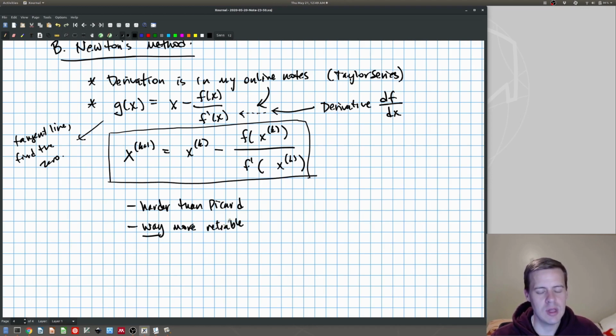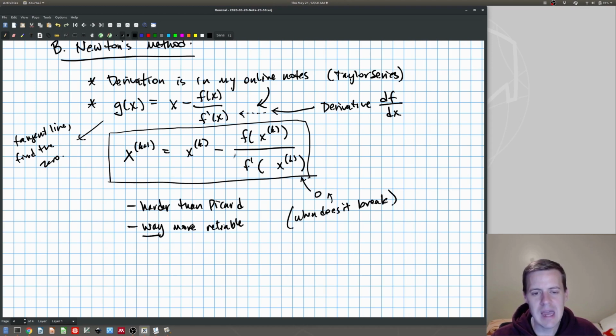Now, it doesn't always work, but it works a lot of the time. One of the ways it breaks is, when does it break? It can break for a couple different reasons, but mostly it breaks when the denominator here goes to 0.